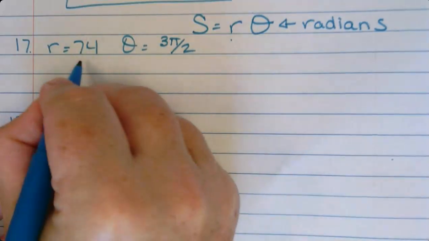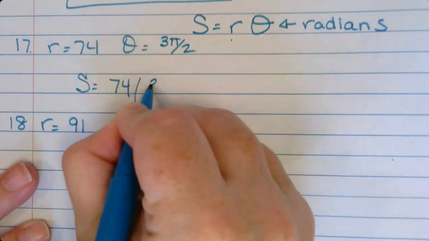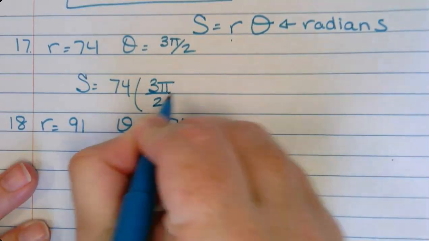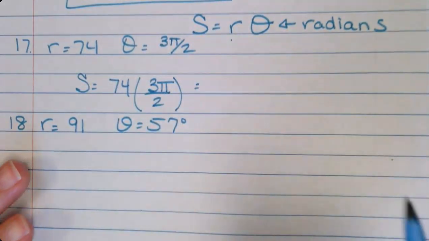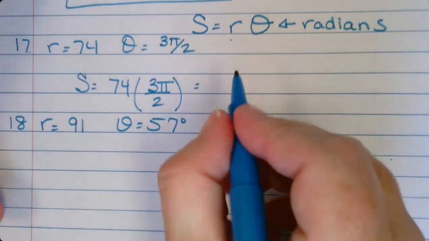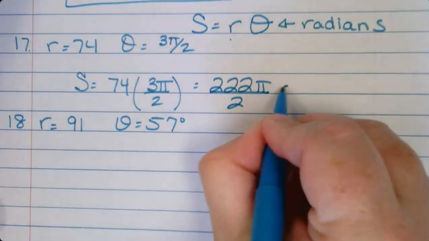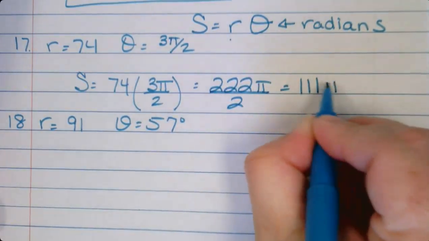So in here, we're just going to plug it in. So 74 times 3 pi over 2. 74 times 3 is 222 pi over 2, or 111 pi.